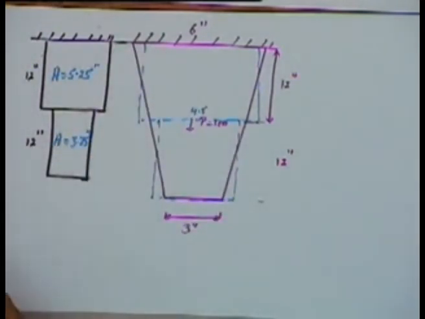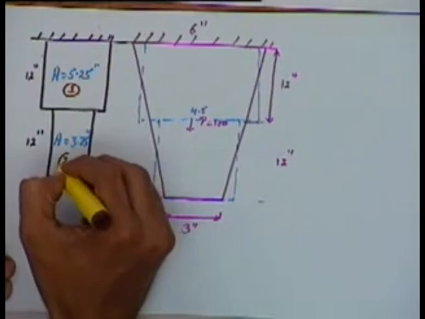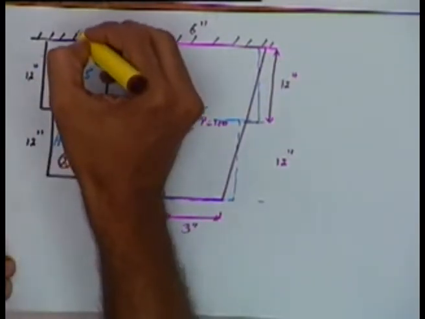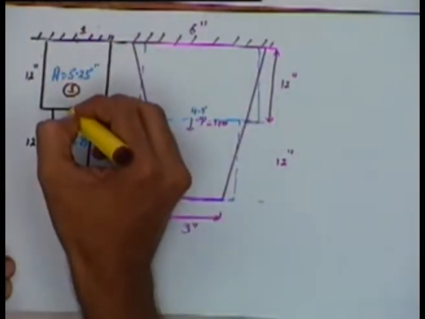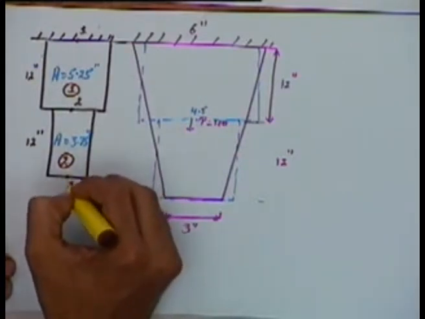Okay. Now, let's say this is my element number 1 and this is my element number 2. Let's say I call this my node number 1, this my node number 2, and this my node number 3.